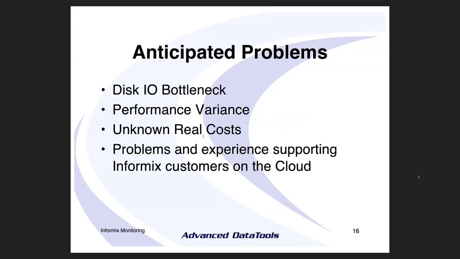Now, I knew, and from working with clients, I expected a disk I/O bottleneck. One of the migrations I helped a client with about 2 years ago, we were moving a huge amount of data and turning on mirroring.